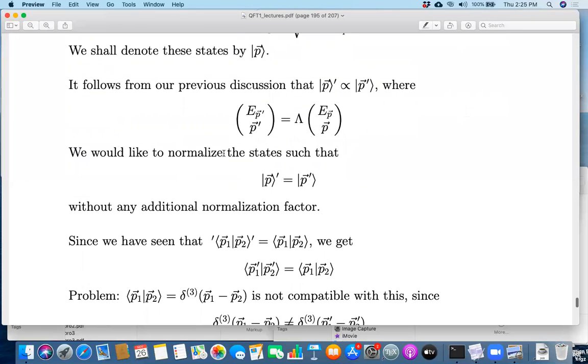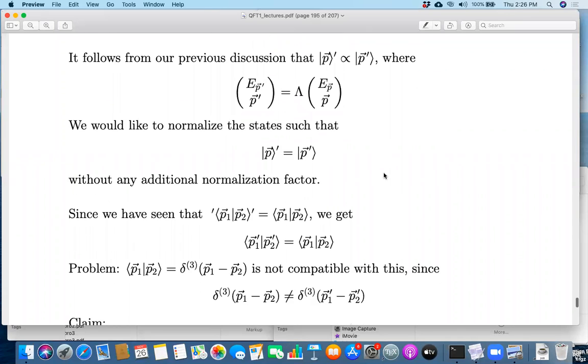But we would like to normalize the state such that this holds as an exact relation. So when we start with the state P and apply the unitary operator, we would like to define the normalization of the states in such a way that this is exactly the momentum eigenstate of the same single particle state, with a new momentum P prime.